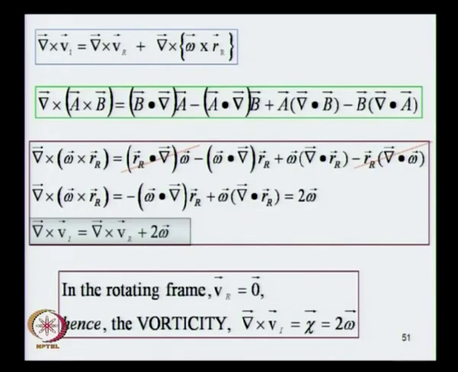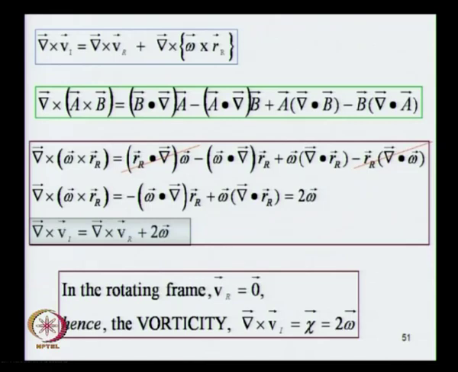It is like a piece of hair which you can take, stretch it out, but also curl it. Okay. So, that is the reason that this is called a curl, and when you take the curl of the velocity field, it is called a vorticity, because that is how the vortex currents in liquids are formed.